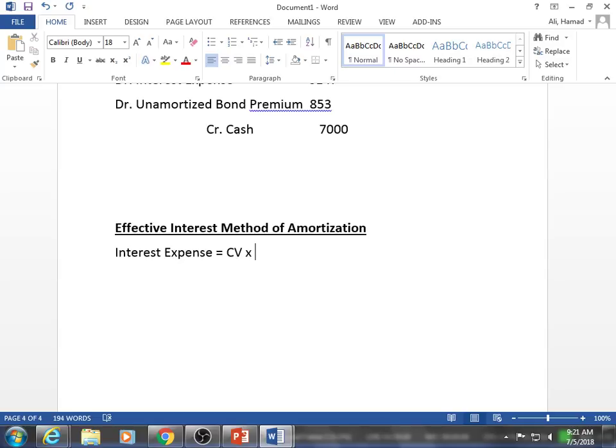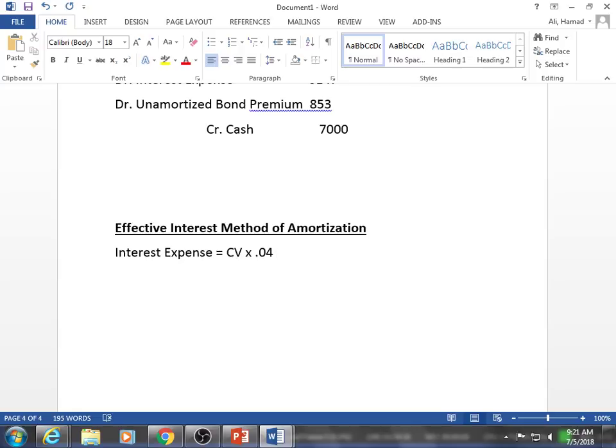No, it was 8%. It did drop to 8%. Therefore, times half of it, 4%, or 8% times 6 over 12. You're going to come up with the same results. So times 0.04.